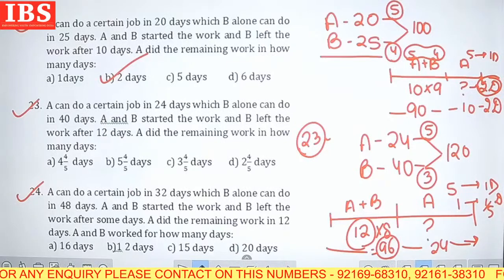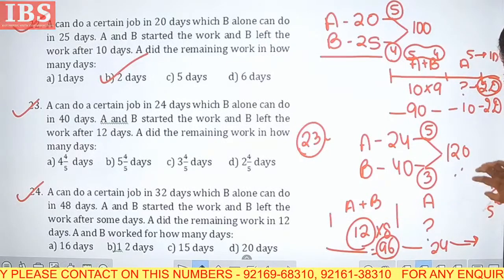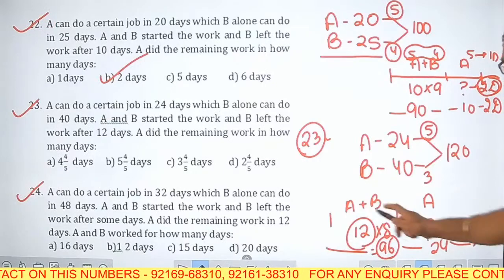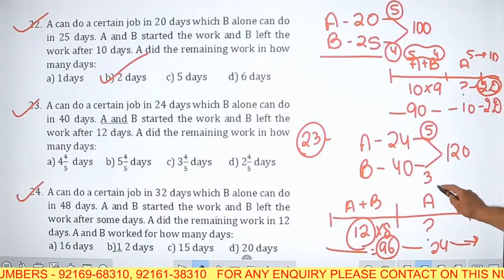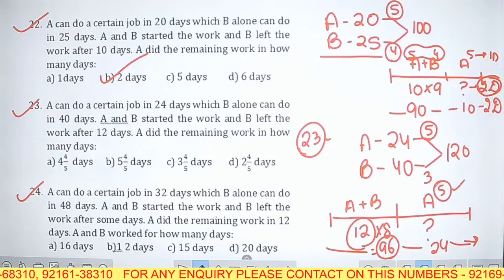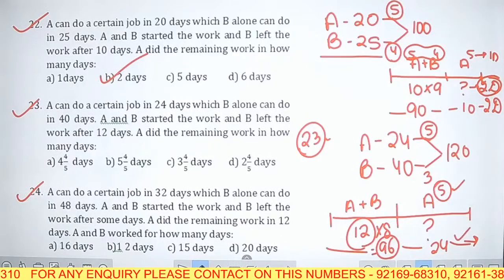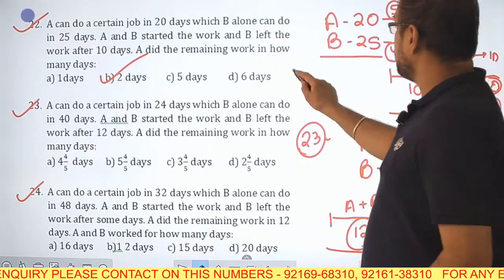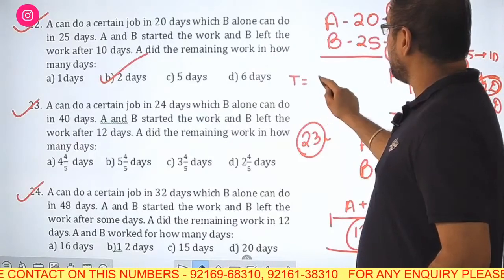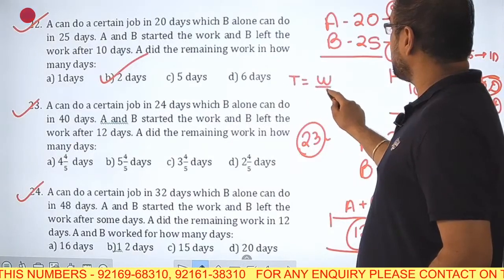Or what we can do is directly solve this. The efficiency of A is 5 and the total work given to him is 24. You know that total time taken is equal to work done divided by efficiency.